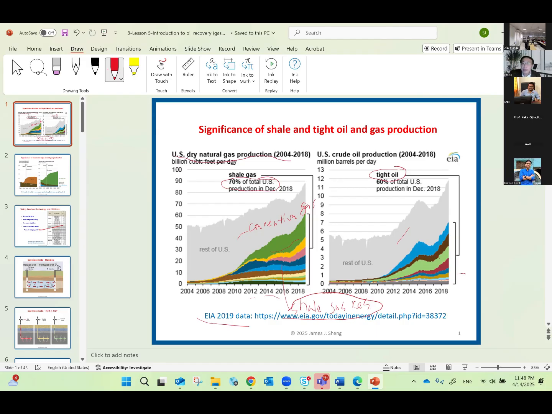You can see by 2018, about 60% of the oil production is from shale and tight reservoirs. Therefore, how we produce shale reservoirs will become very important.